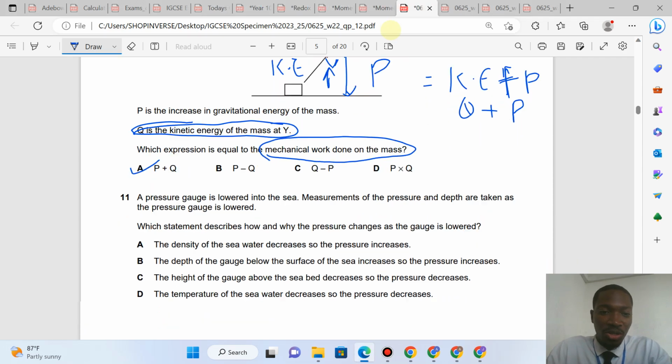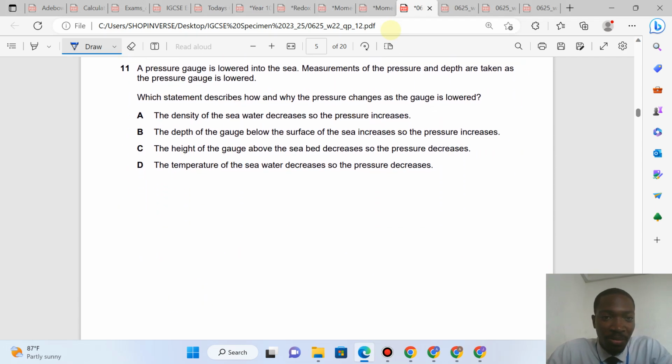So we go straight to question 11. Question 11, a pressure gauge is lowered into the sea. Measurements of the pressure and depth are taken as the pressure gauge is lowered. Which statement describes how and why pressure changes as the gauge is lowered? A, the density of seawater decreases as pressure increases.